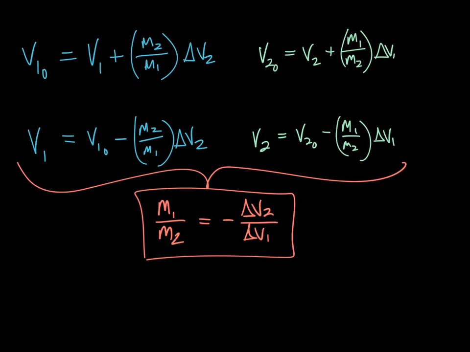Okay, so we have that going for us. So what I want to do now is tie this into conservation of energy, with some more exciting math that you can hardly stand the wait for, I'm sure.